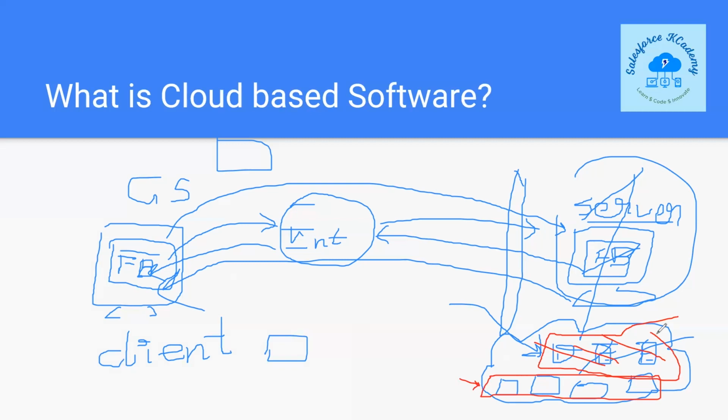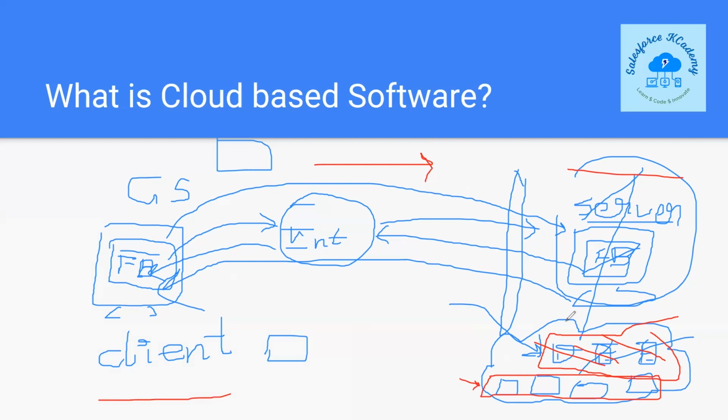So the cloud architecture, or cloud-based software, is mainly based on the basic client and server architecture. But there will not be only one server or one service running. There will be multiple services running somewhere on the internet, which we can access through the internet.